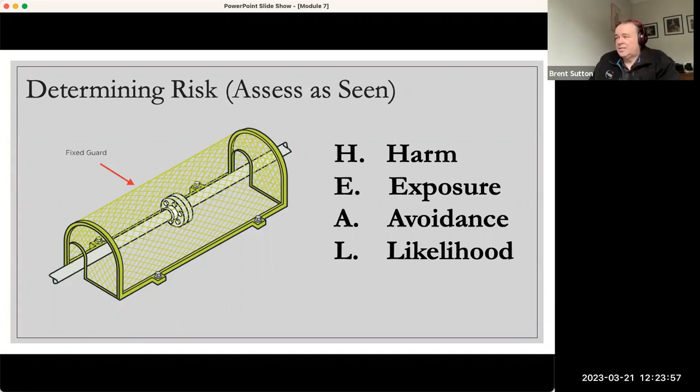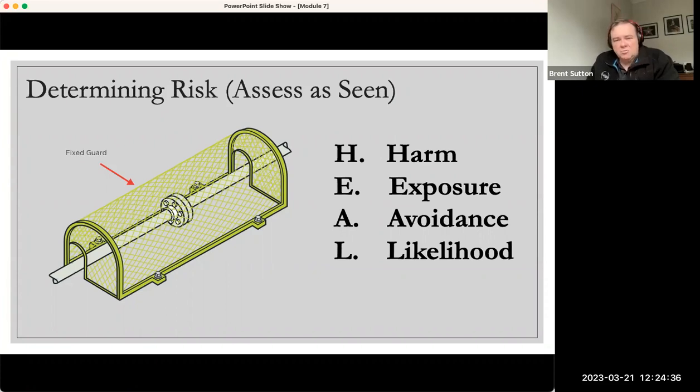The exposure of that, we need to know how often someone is present. If we look at that risk as seen, we have seen there is a fixed guard. So that fixed guard directly affects both avoidance and likelihood. So the worker can avoid being in the line of fire with that rotating shaft, and the likelihood of that worker reaching the danger zone is low because of the fixed guard.